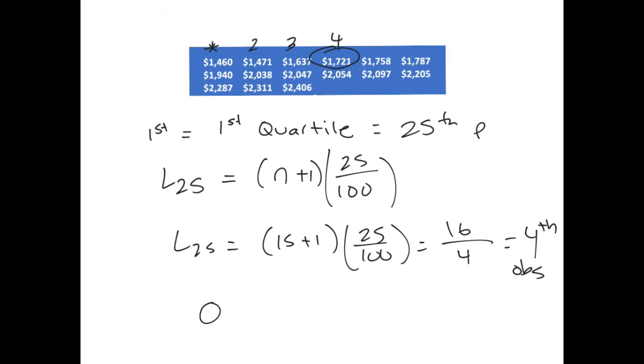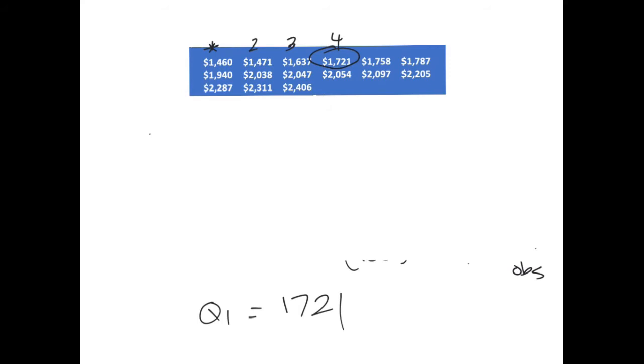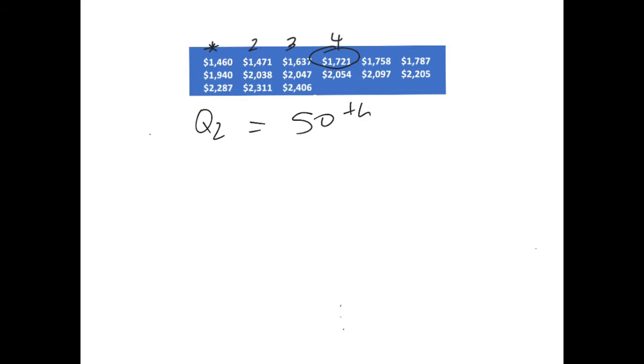So what is quartile 1? Quartile 1 is equal to 1721. Now let's find quartile 2. Quartile 2 is going to be the 50th percentile, the midpoint of our distribution. So let's find L of 50.